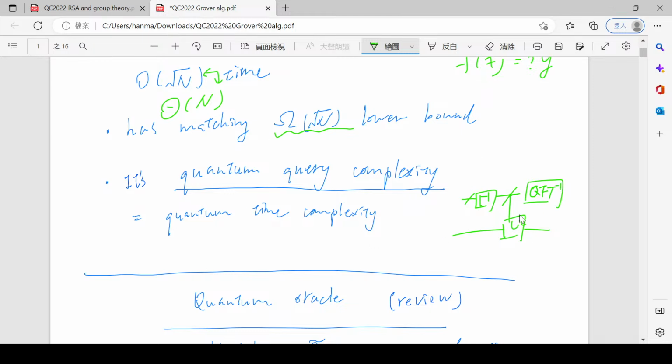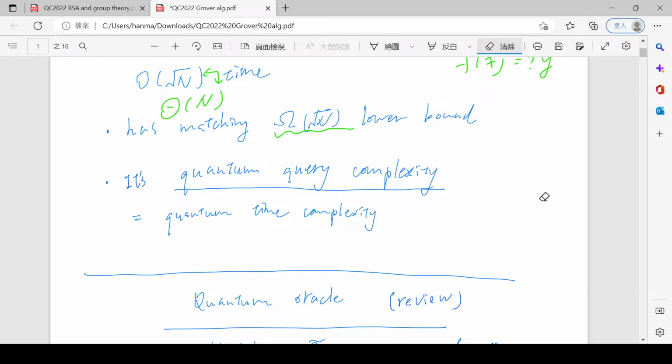If you want to do the oracle version, then you say this U^a^T is given by an oracle. But then you find out the oracle complexity is quite a lot, so it's very complicated. But anyway, we are in Grover's algorithm, so let's erase this.